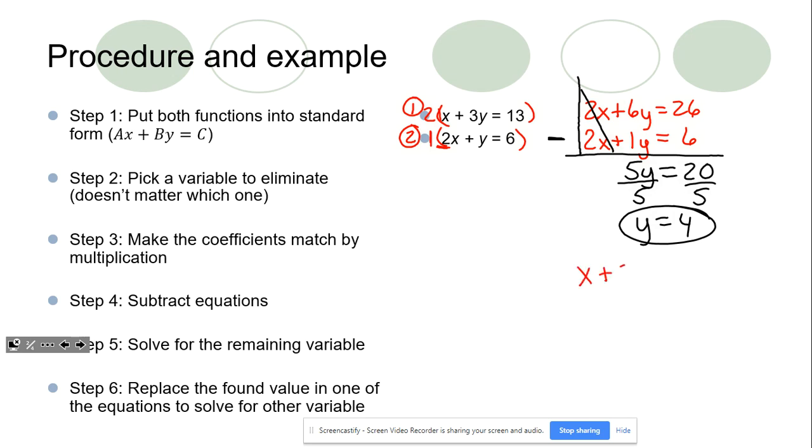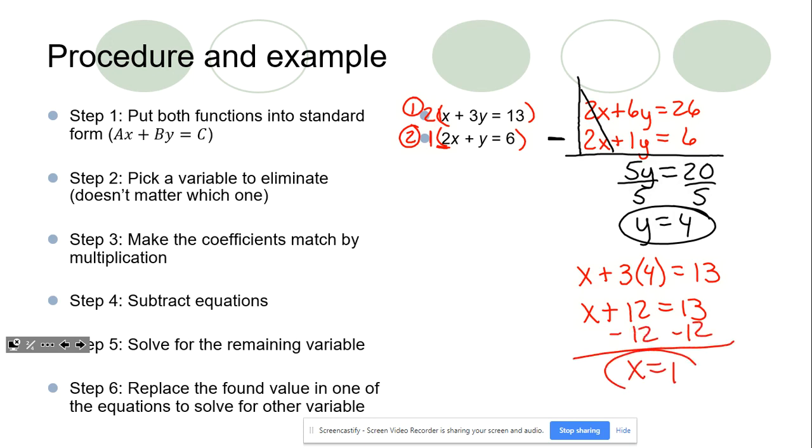So x plus 3 times 4 equals 13. That's x plus 12 equals 13. Subtract 12 from both sides, and x equals 1. Again, we could check this by plugging in x and y in both of the equations to make sure that we have a satisfactory result on both sides of the equation for both equations.